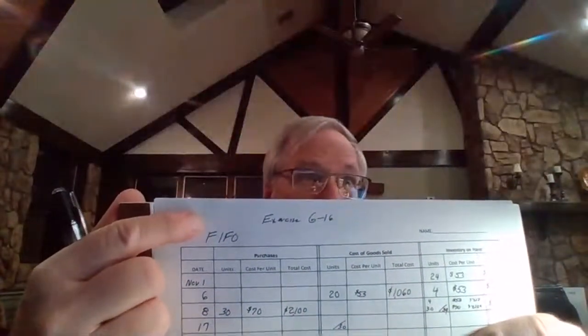The first ones I got in are the first ones that are going out. So if I have to sell 30, all 4 of those $53 units, putters, are going to be sold. Total cost of $212. And I'm selling 30, so I have to account for 26 more.